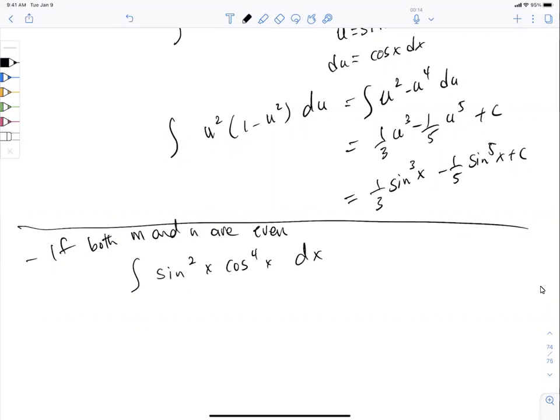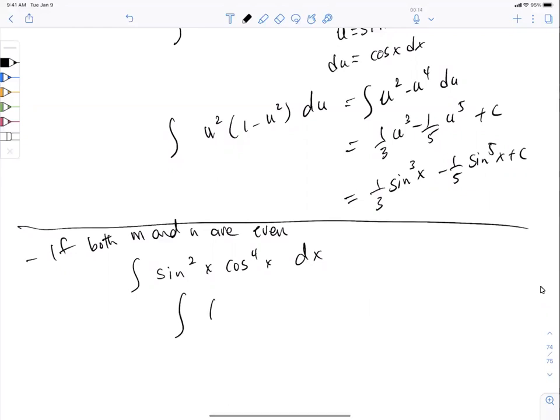Although you could just do reduction of order as is, and then go through that. So it's up to you what you choose to do. But basically, you have really no other choice than reduction of power.